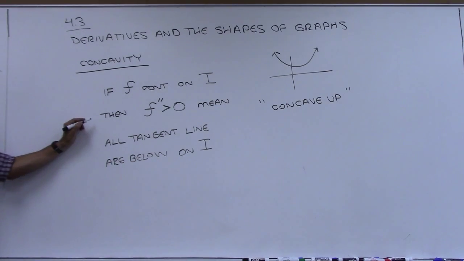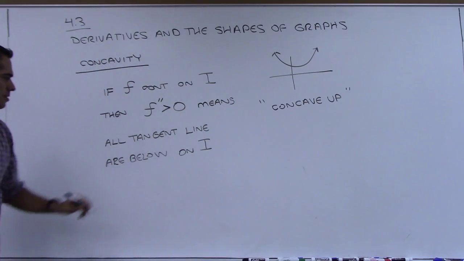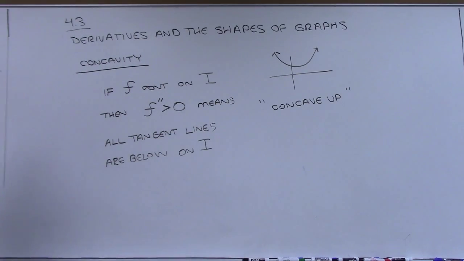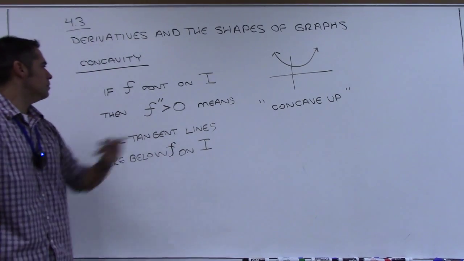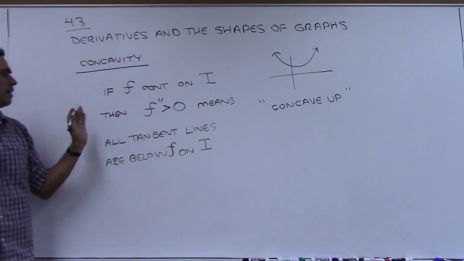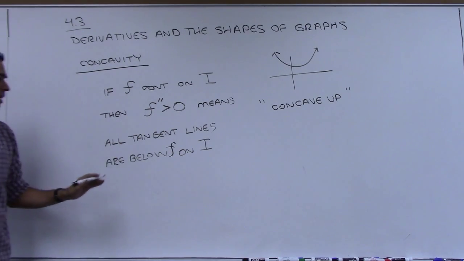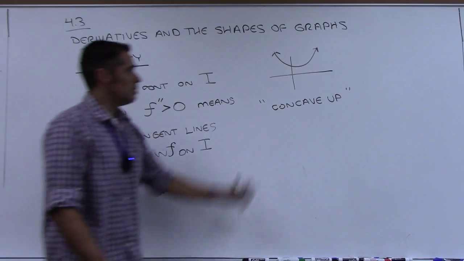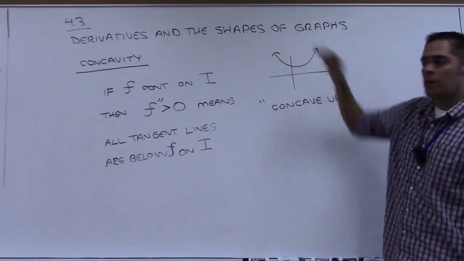So if your second derivative is positive, this means all tangent lines are below f on the interval. So if f is continuous, then f double prime being greater than 0 means all tangent lines are below f on the interval. So if I drew tangent lines here, hopefully you would agree they're all below the function, right? All right.